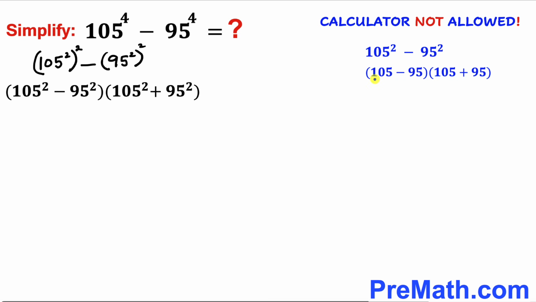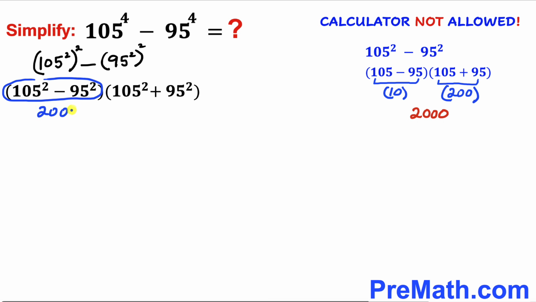And now we know 105 minus 95 is going to give us 10. And likewise 105 plus 95 is going to give us 200. And if we multiply 10 times 200, that is going to give us 2000. So therefore we can see that this whole factor has been simplified to 2000.